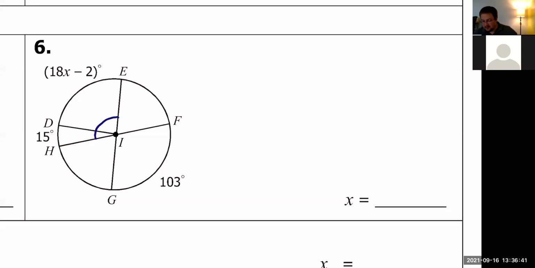If I think of those in terms of their central angles, I notice that angle HIE, which is made up of arc DH and DE, is a vertical angle with angle FIG, which means vertical angles are always congruent. So this whole arc here, which equals its central angle, should be congruent to this whole arc here.